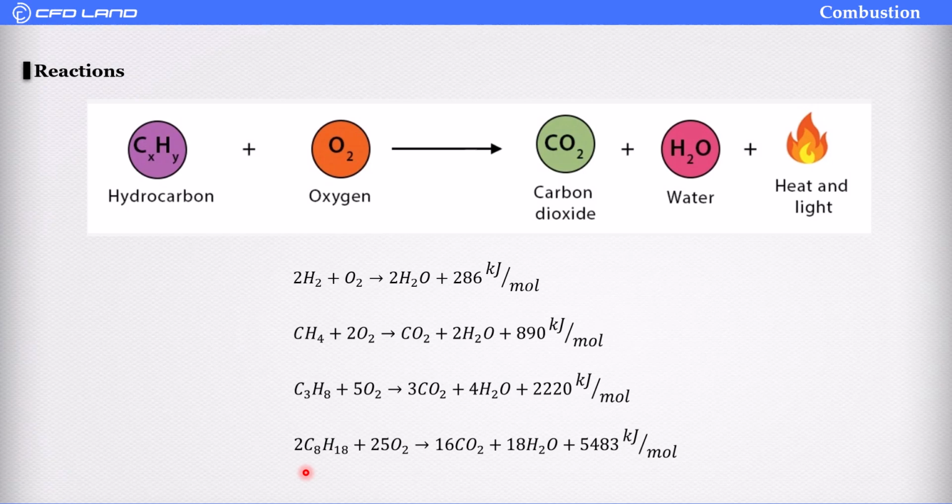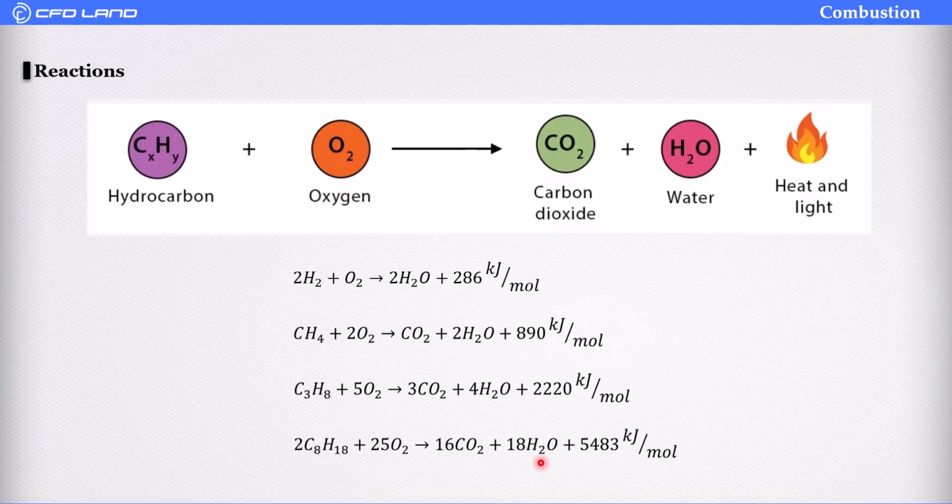So gasoline, a very common fuel, is a mixture of hydrocarbons, but it is mostly made of octane. And as you can see, it produces the highest amount of energy.